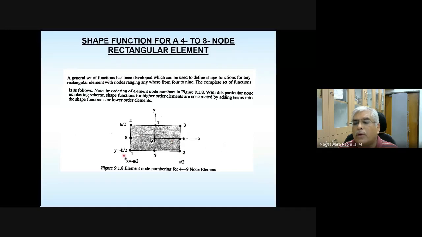If you say 4 node element, the nodes are located at 1, 2, 3, 4. And for a 5 node element, the nodes are located at 1, 2, 3, 4, and the 5th node is located at the midpoint of one of the edges. Similarly for a 6 node element, 1, 2, 3, 4, 5, 6, or you can take this. So like that.